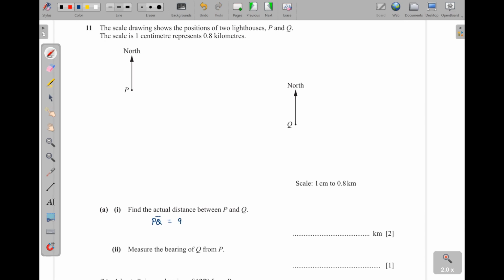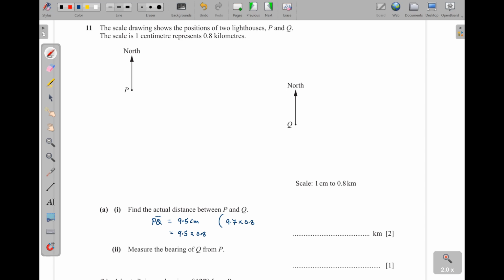In the scheme they have 9.5 centimeters. So you get that 9.5 centimeters, then times each centimeter is equivalent to 0.8. So you say times 0.8. But what you measure, what you get is what you write. So I would write 9.7, like we have seen when I measured, then times the 0.8.